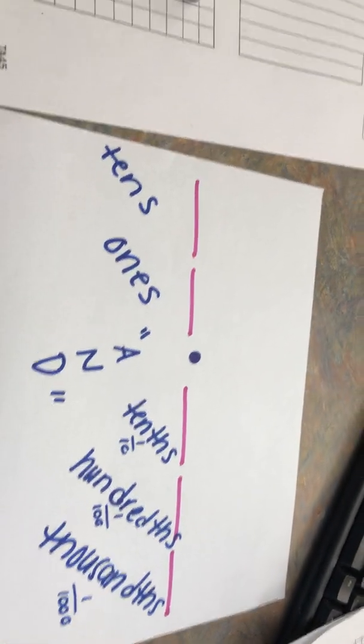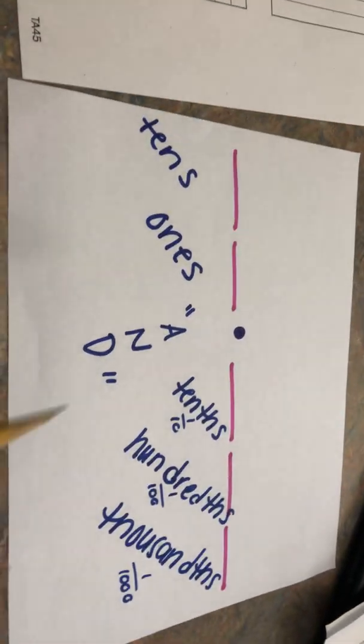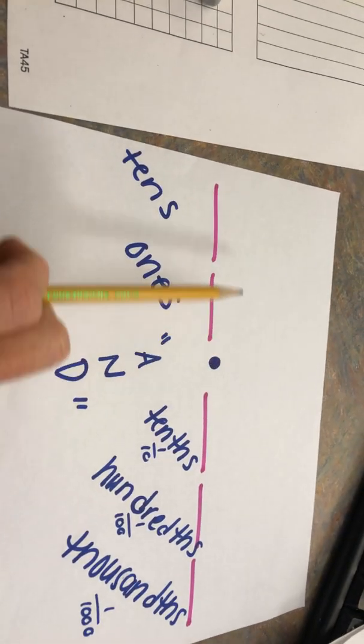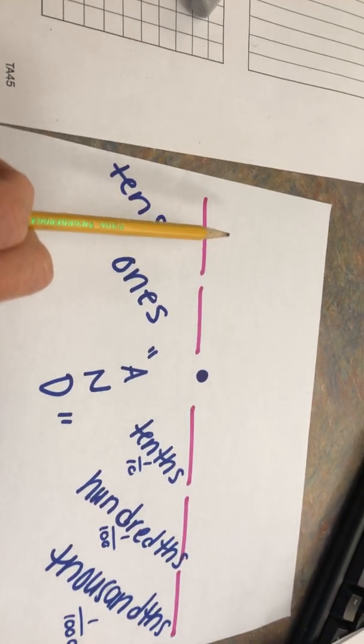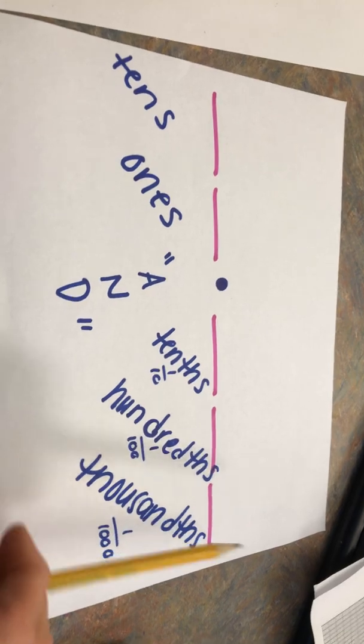Okay, we are back to decimals. We are comparing decimals. We're starting over here. We have the ones place to the left of the decimal, ones, tens, and to the right of our decimal, we have numbers that are less than 1.